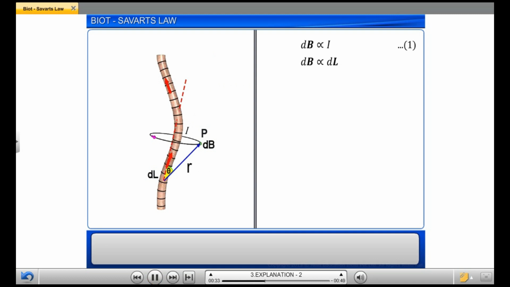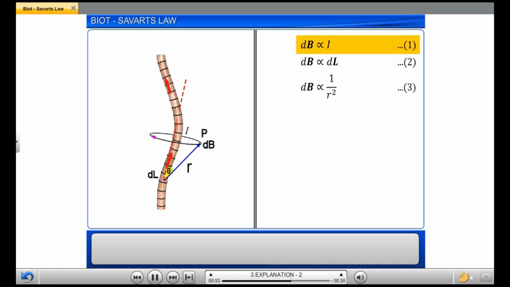Let this be equation 2. The magnetic induction dB is inversely proportional to the square of the distance r between the element and the point. Let this be equation 3.